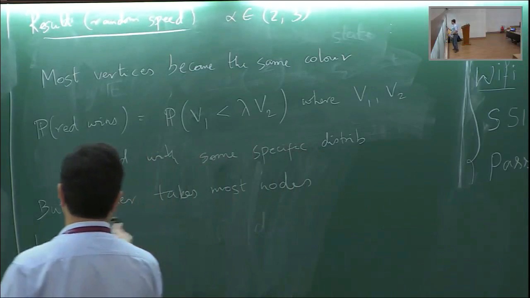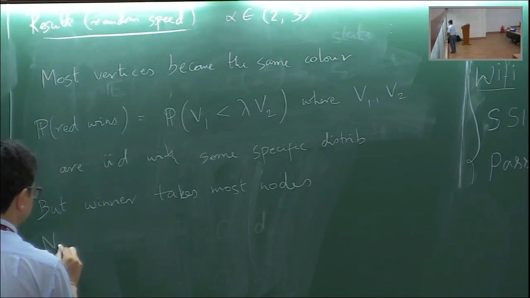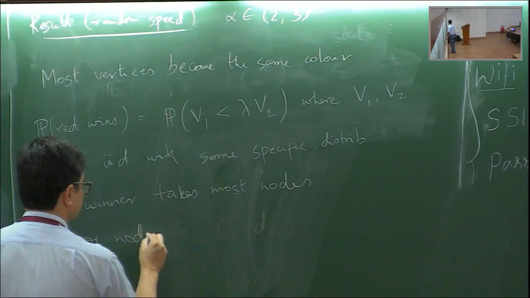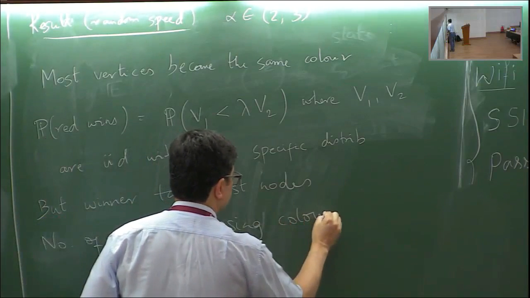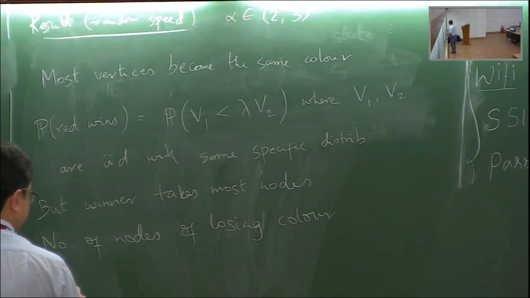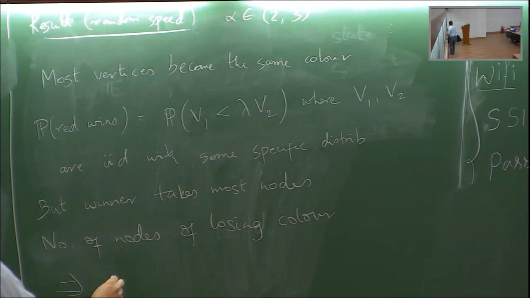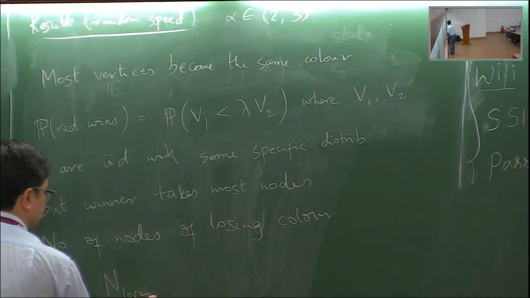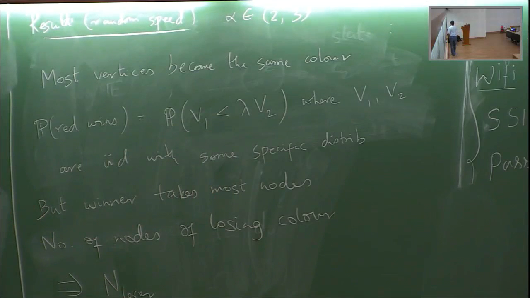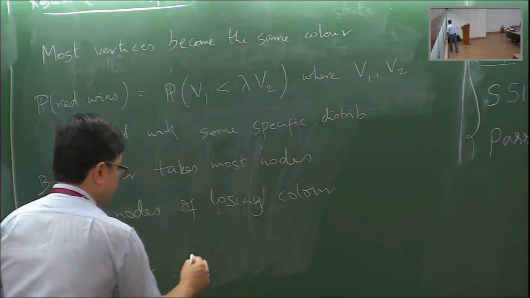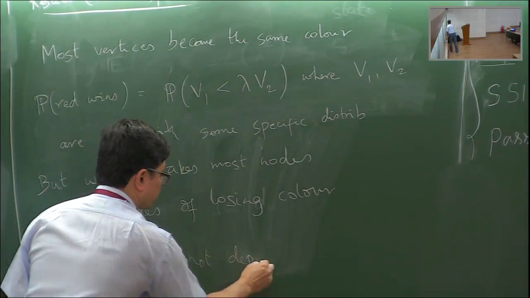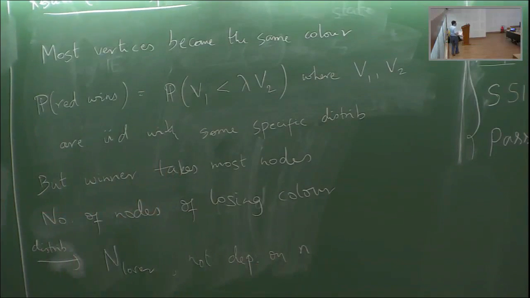The number of nodes of the losing color converges in distribution to some limiting random variable, N loser. So this is some fixed random variable not depending on n. So the losing color gets only order 1 vertices here.